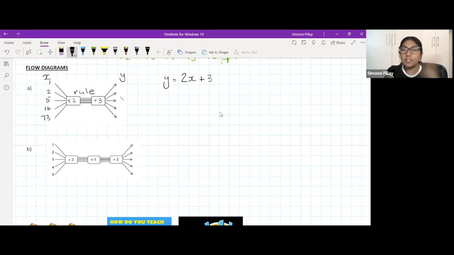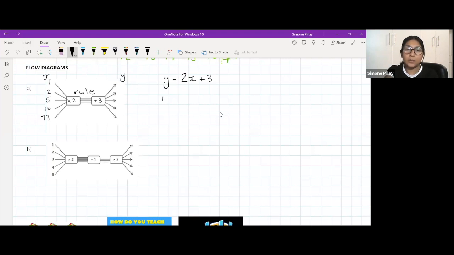So that's a very easy way of figuring out what your equation is, guys. Literally look at what the rule is telling you to do and just write it out in mathematical terms. Let us go into our calculations.